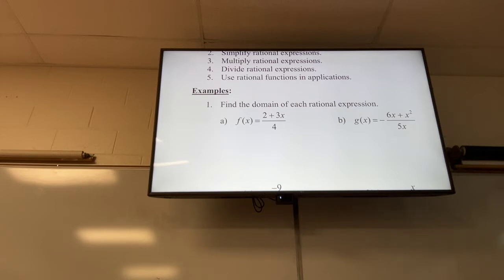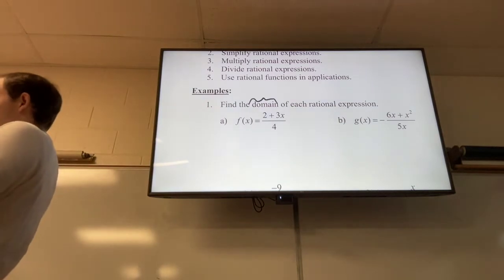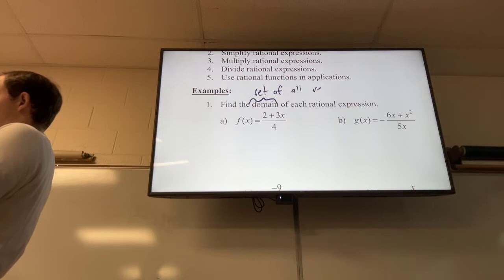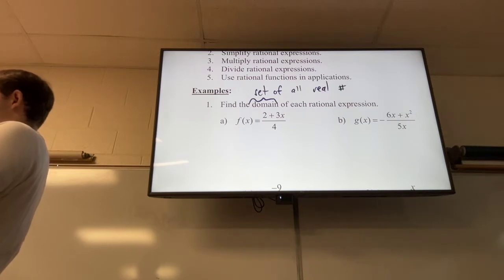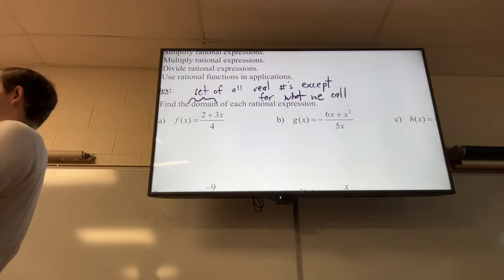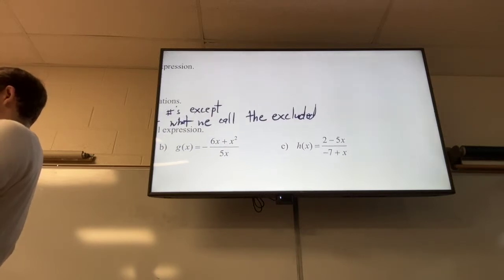So the domain of these is going to be the set of all real numbers except for what we call the excluded values of x. So we'll have to exclude those. But other than that, our domains are going to be all real numbers.